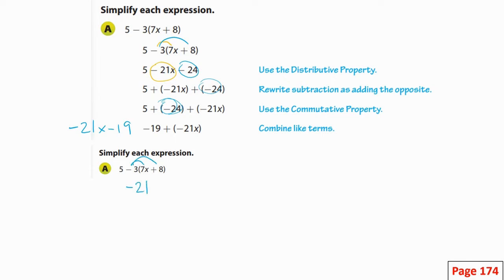Negative 3 times 8 is negative 24. Oh, I almost forgot the x. And I have 5. And then I'll just look at, well, here's my variable term, negative 21x, and 5. And then I'll look at 5 minus 24. 5 minus 24 is negative 19. And I'll just write my answer like that.